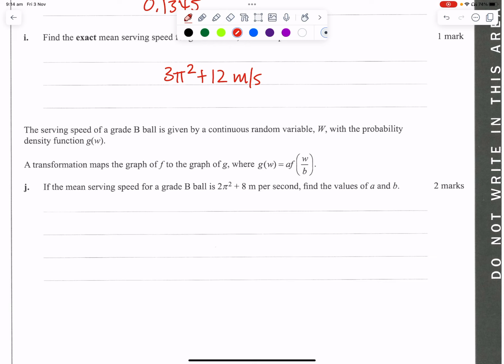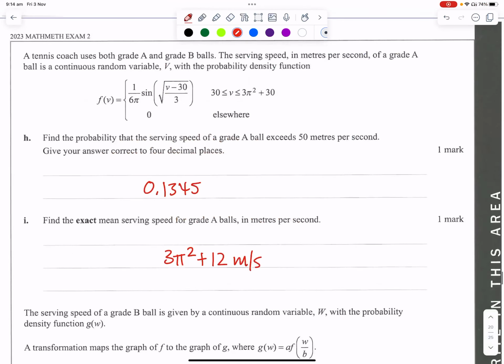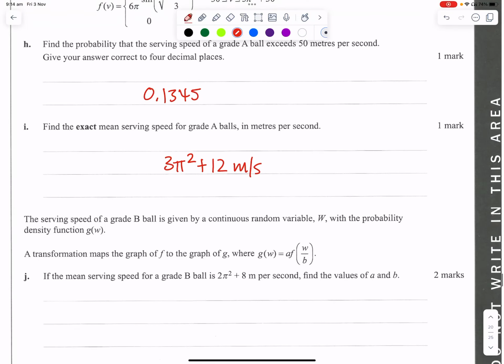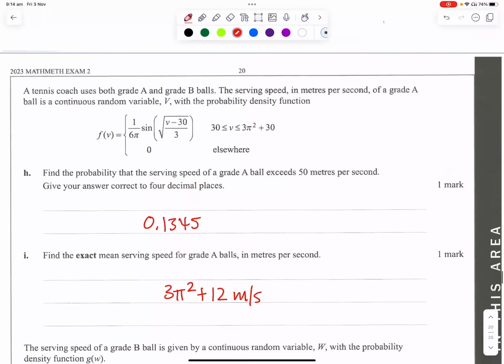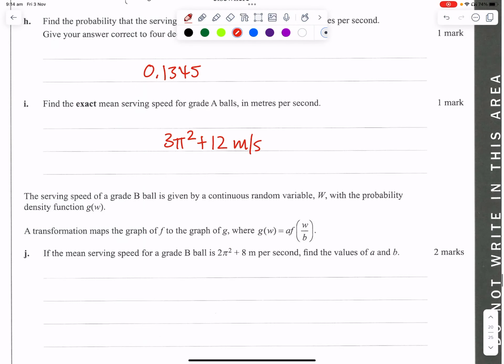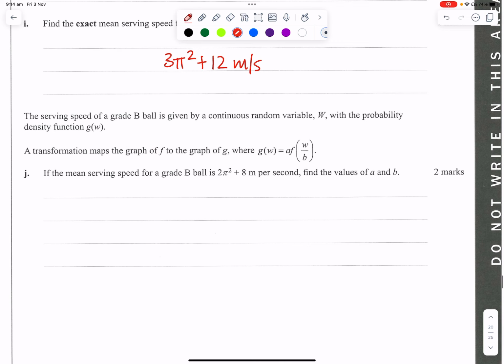A is going to dilate the function from the x-axis, and B is going to dilate the function from the y-axis.